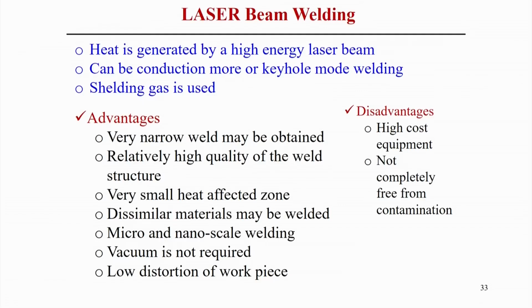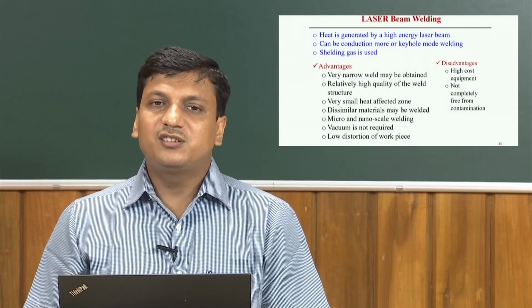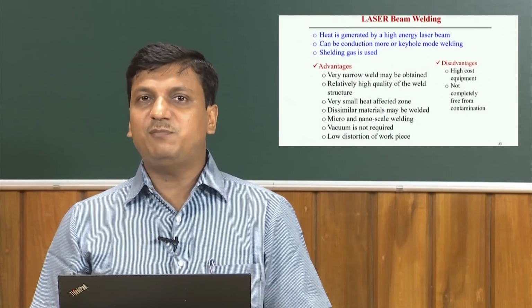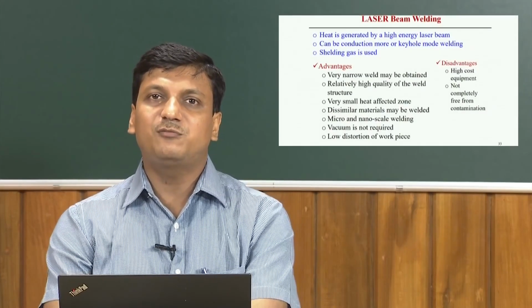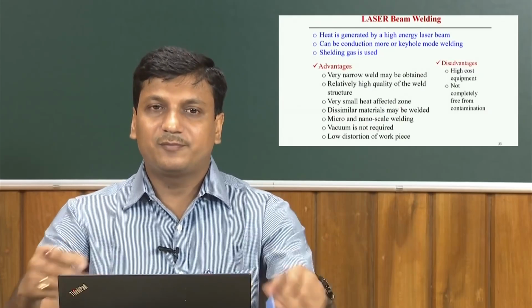In conduction mode we do not get much depth of penetration but a high weld width, while in the typical keyhole mode laser welding process it is just vice versa: high depth of penetration and a very small weld width is produced. So, depending upon the application, both conduction and keyhole mode laser welding can be used.